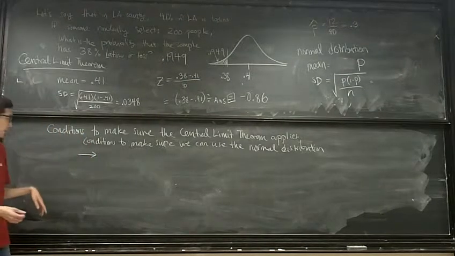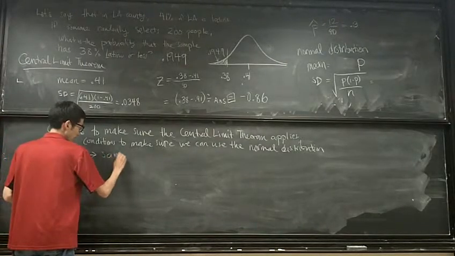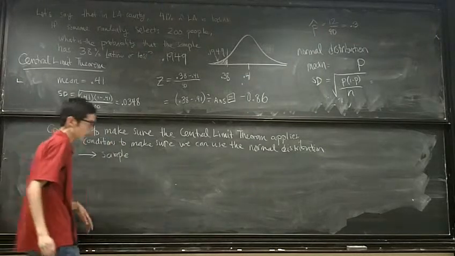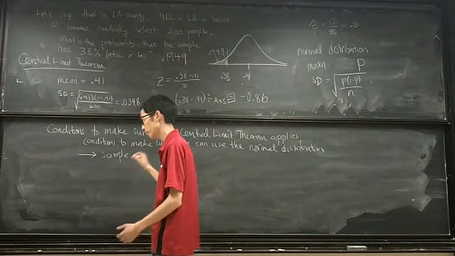So the first condition is that our sample needs to be selected randomly and independently.